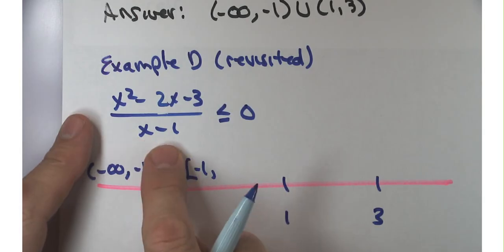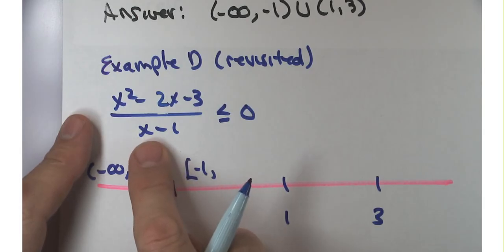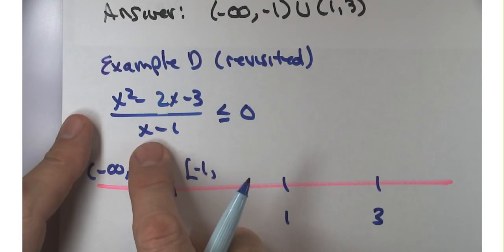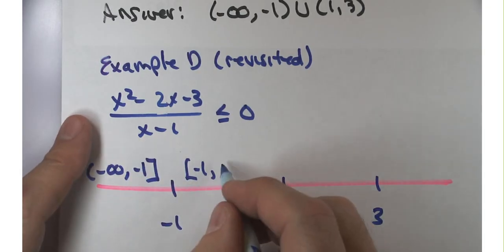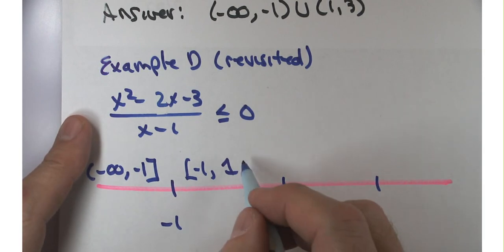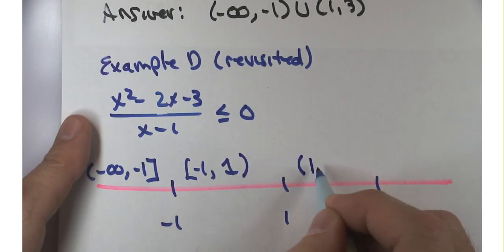Yeah, the graph doesn't exist there, that's right. What are you dividing by when you plug in a 1? Zero. You divide by 0. That's a mathematical no-no. You can't divide by 0. So we can't use 1. So does that mean it gets a bracket or parenthesis, if we can't use it? Parenthesis. So parenthesis around 1.